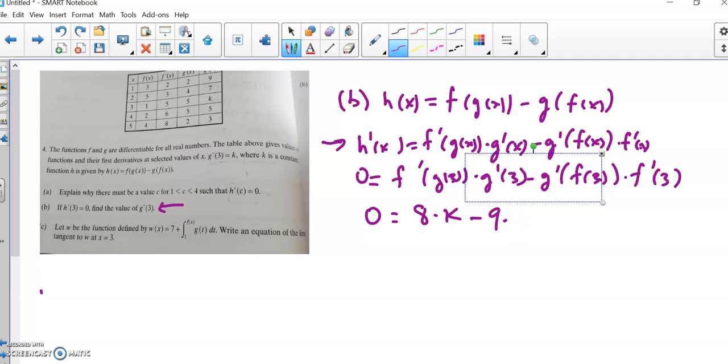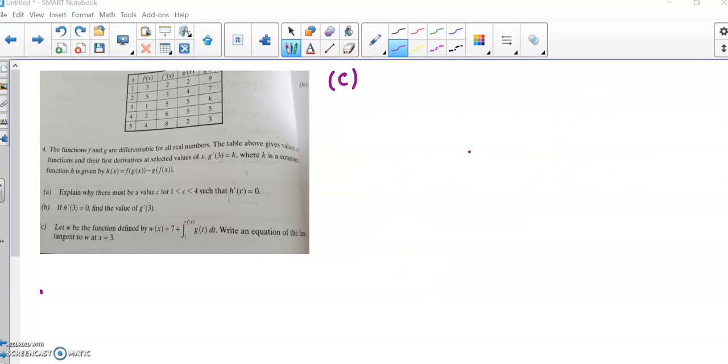And f prime at 3 is 5. And so basically I get 8k minus 45 is equal to 0. So wouldn't k equal 45 over 8? And that's part B.